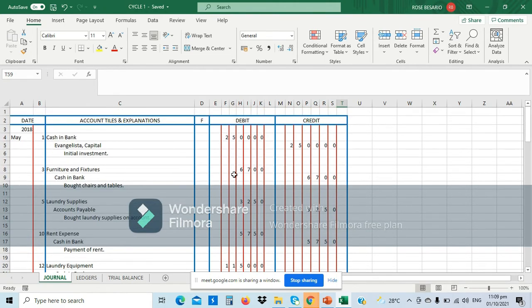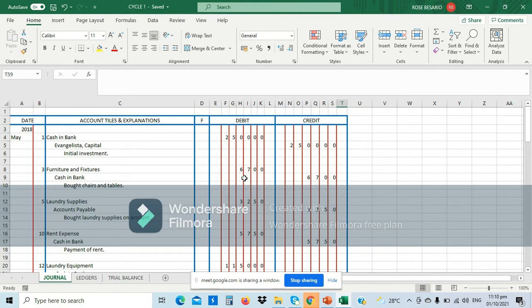Take note, though I'm using Excel, I just had it appear like a journal. If you notice, I no longer use the peso sign, comma, or period, because these columns are understood to be peso columns.